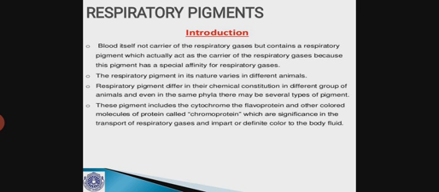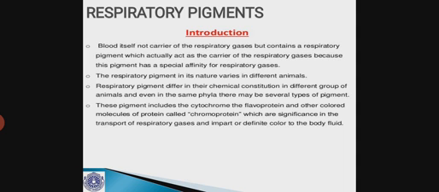Coming to the respiratory pigments. These respiratory gases move in our blood, because blood is the main vehicle which carries both these respiratory gases, oxygen and carbon dioxide, which I already told you in one of my previous slides.